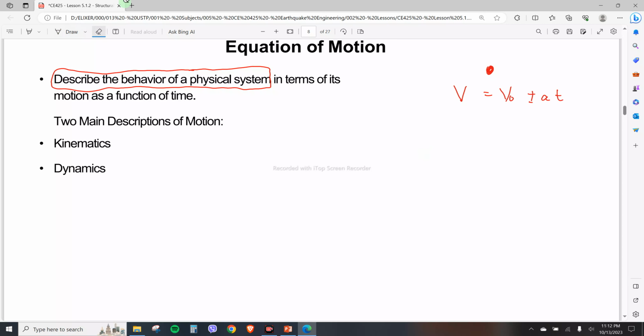So that is the description, where we try to describe the motion in terms of its position, velocity, acceleration, etc. There are two main descriptions of motion: kinematics and dynamics. Kinematics is the simpler one.